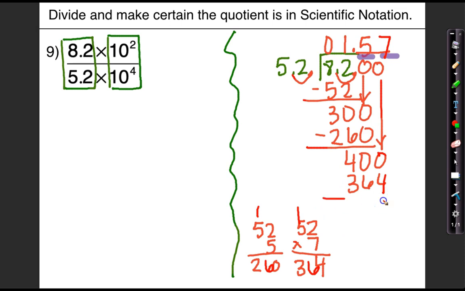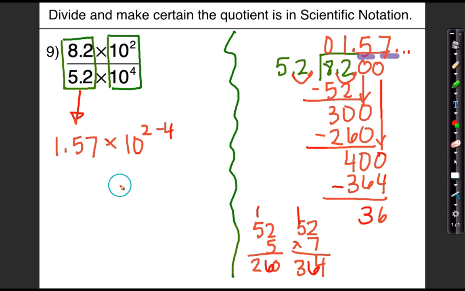And then you can see once again that it didn't work out nicely. But that's okay. Even though it didn't work out nicely, this is enough information for me to round to the nearest tenth. So I'm going to go ahead and write 1.57 times 10 to the, once again, hopefully you notice we're going to have to subtract the exponents.